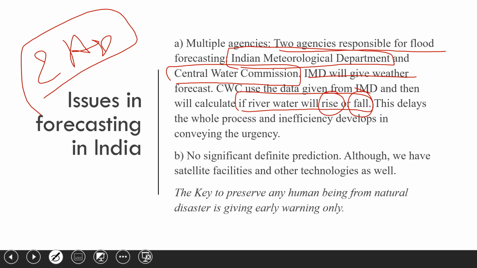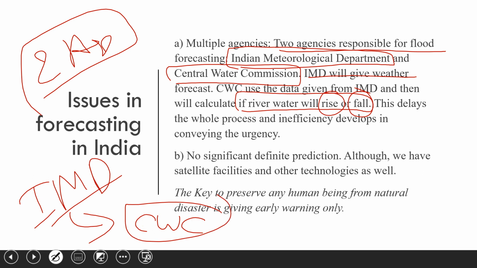So IMD will forecast, then CWC will take the data and analyze it, and then say whether the river water level is rising or falling. This whole process is too inefficient and delayed, so it does not create a sense of urgency, and ultimately the life and property of the people get damaged.